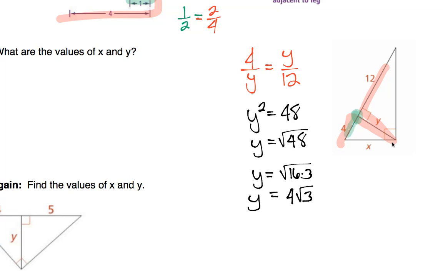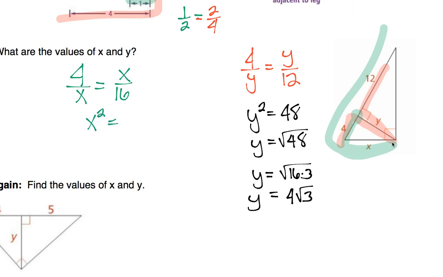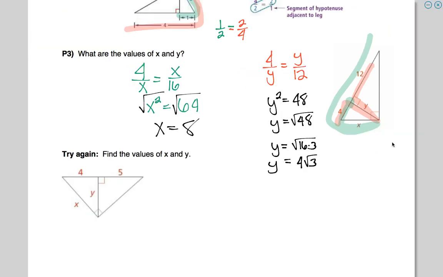So 4 over x, x over 16. Well, that one should make us happy because 64 is a perfect square, so x equals 8.